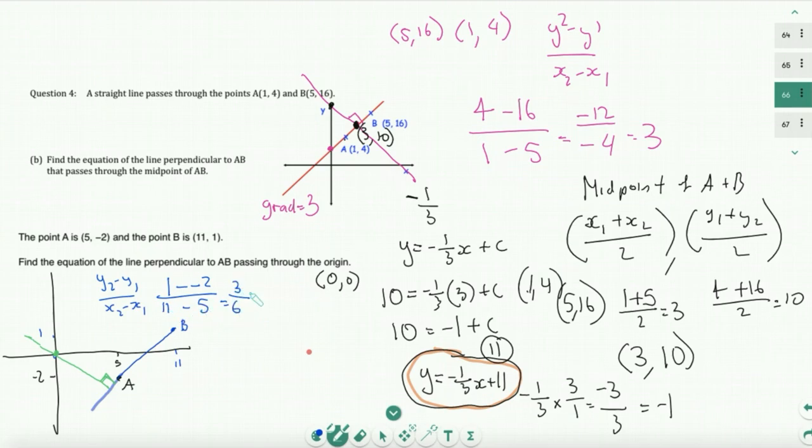This is just a fraction, 3 over 6. If we simplify it, it's 1/2. So the gradient of the blue line is 1/2.